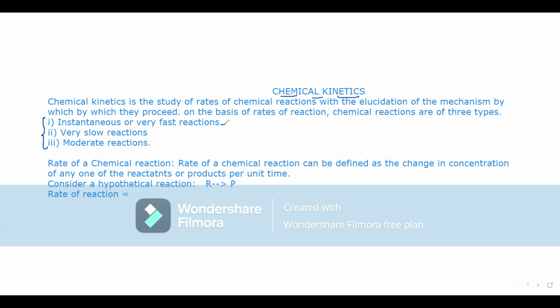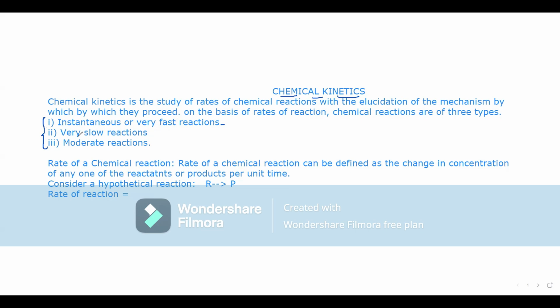Most of the salt analysis reactions, for example, when you take chloride, say sodium chloride or any chloride solution in a test tube, and you are adding HNO3, AgNO3 mixture into it. By the time AgNO3 is added, just on the sides of the test tube itself, you can see the white precipitate of AgCl. Before you could even complete the addition of AgNO3, you are getting to see the result of the reaction. So they are very fast reactions.